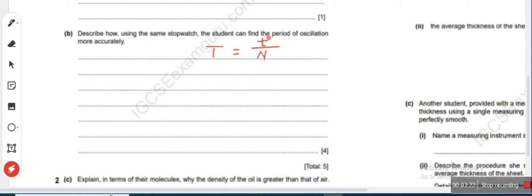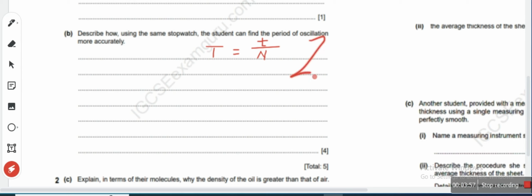So for instance, you take 20 oscillations and measure the time for the first one, assuming you got 30 seconds. Then you take another 20 oscillations, assuming you got this time around 32 seconds. You need to find the average time.